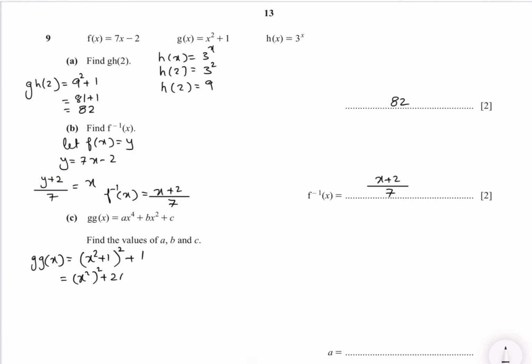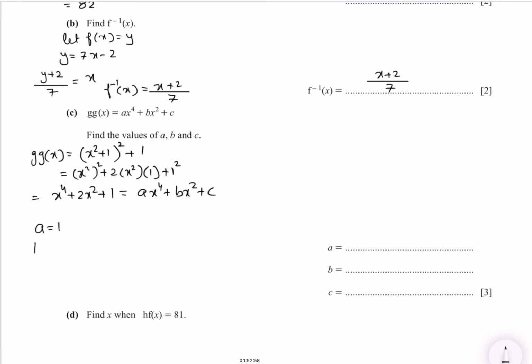So now open it like a plus b whole square. So simplify it and compare it with the other side. So your a is 1, your b is 2, and your c is 1.